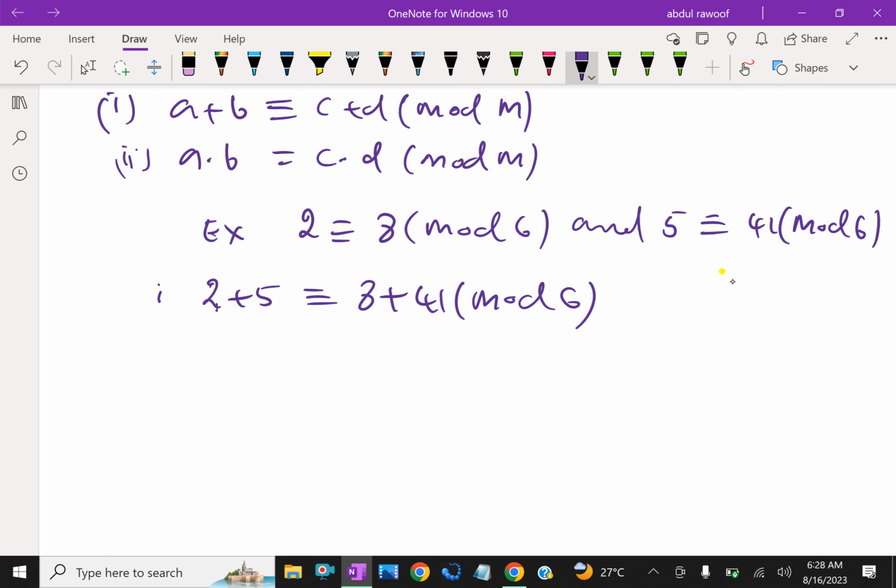Now, what is the cancellation law for congruence? Next is the cancellation law of congruence.